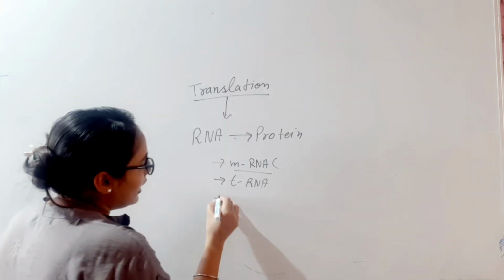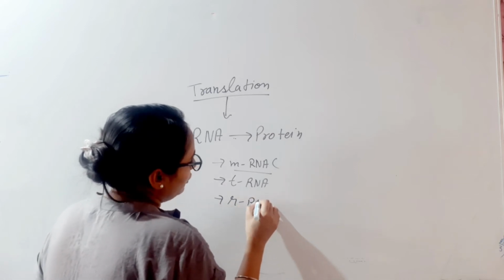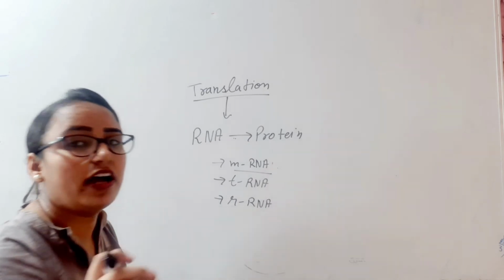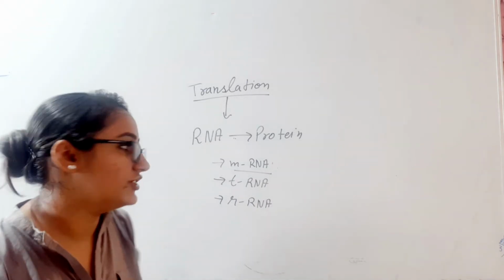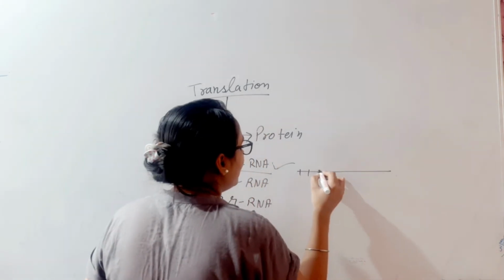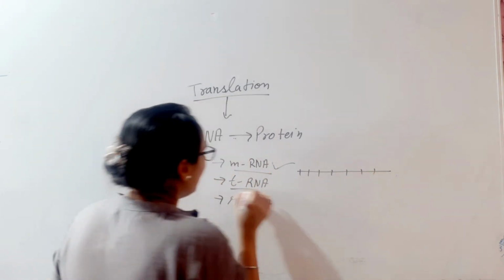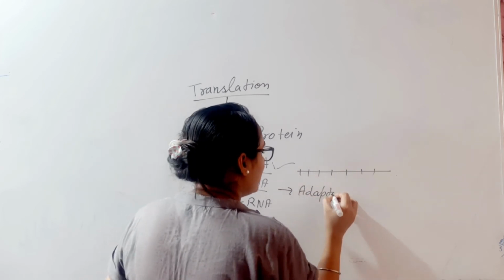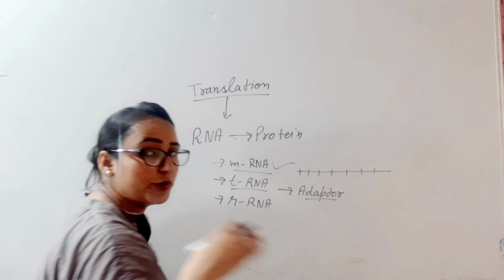And third is the rRNA which is present in the ribosomes. Okay. So these three RNAs are required for the process of translation. mRNA acts as a template on which codons are present. tRNA acts as an adapter molecule to carry the amino acid from the cell solution to the mRNA.